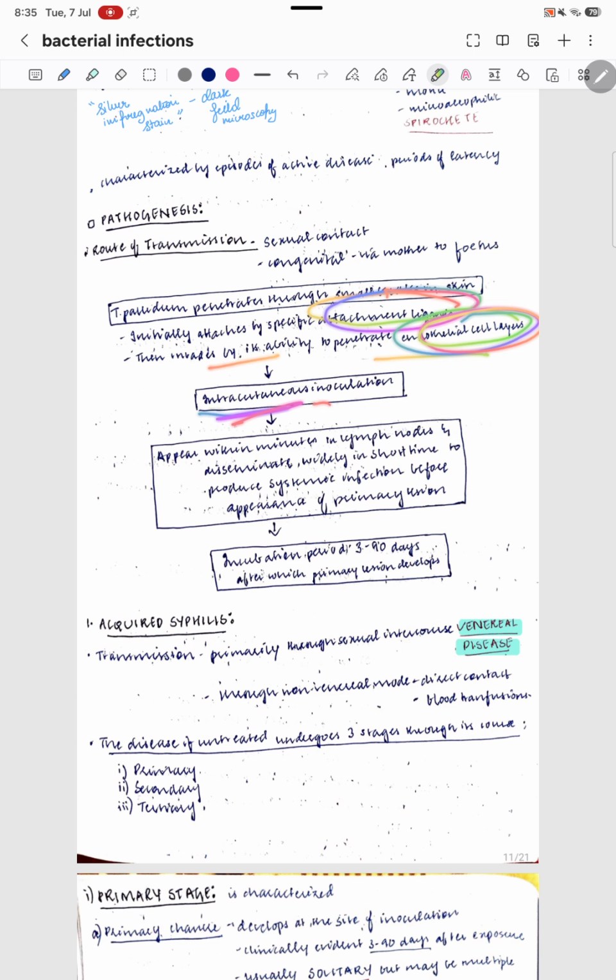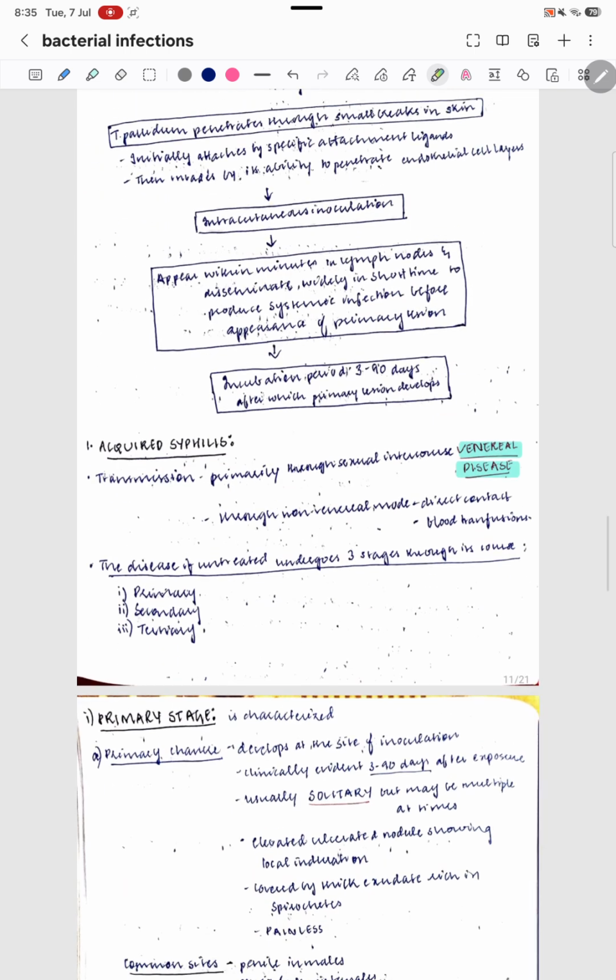Intracutaneous inoculation occurs after it penetrates the endothelial cell layers, then it appears within minutes in the lymph nodes and disseminates widely in a short time. After which it incubates for a period of 3 to 90 days and produces primary lesions.